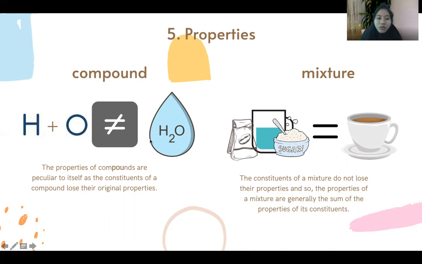The water loses hydrogen and oxygen properties because hydrogen and oxygen are gases, and water is aqueous, so liquid. But in the mixture, the constituents of a mixture do not lose their properties, and the properties of a mixture are generally the sum of the properties.